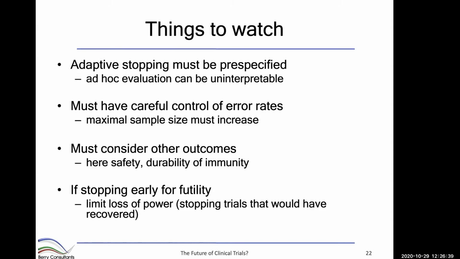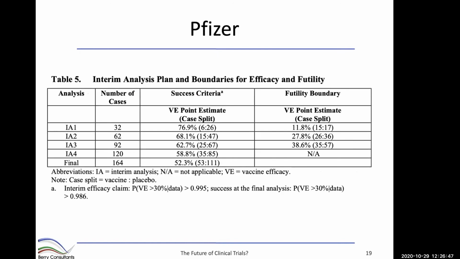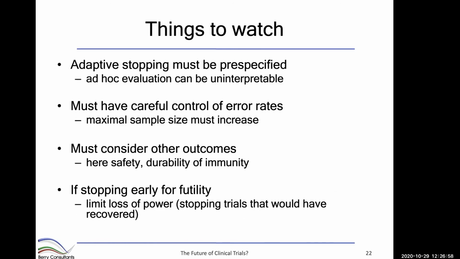The thing to watch here is you have to pre-specify all this. Let me go back a slide. This table is sitting in Pfizer's protocol and has been there before they enrolled a single patient. So they needed to say in advance what they're going to do. You cannot do ad hoc evaluation. It's uninterpretable. You can't compute error rates.